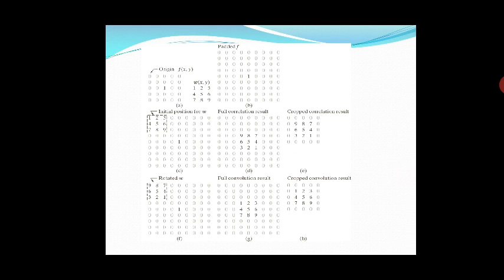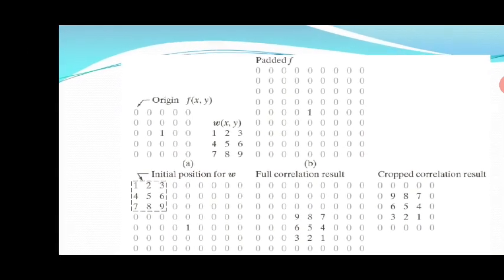In the previous class I mentioned that the image is represented with f and the template, or window, is represented with W. The window is standard, given by a few of the filters like Laplacian and Sobel. For the moment we take the W values as 1, 2, 3, 4, 5, 6, 7, 8, 9.